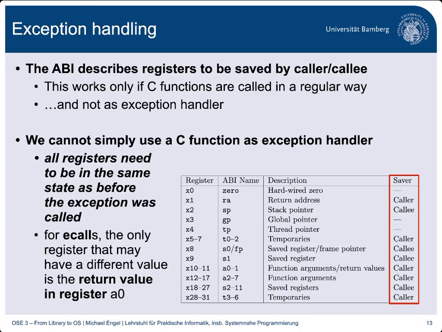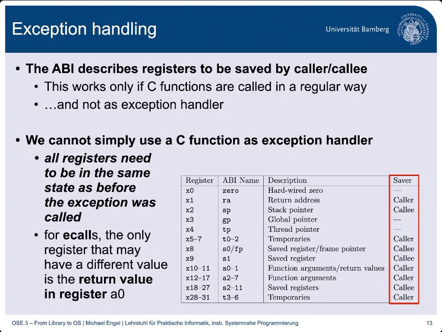So this also means we cannot simply use a C function as the exception handler, because that C function would just save the callee-saved registers, but since the compiler, in case of an exception, so an eCall instruction or a trap, has never saved the caller-saved registers, these would still be overwritten by our kernel function, and then we will continue to calculate with incorrect values after we return from our kernel.